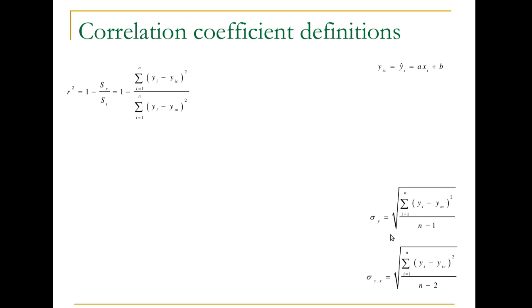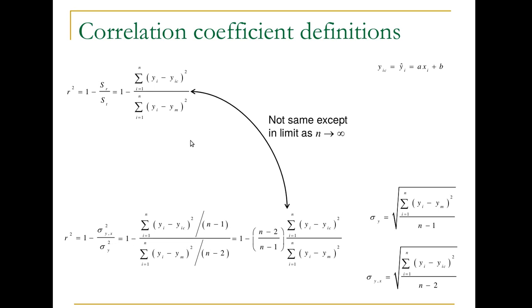We also have here the standard deviation. If we square this, this would be the variance and the covariance. So this is the correlation coefficient, where we're using sigma yx squared, and you can see that it differs from using the regression sum of the squares whenever n is small.